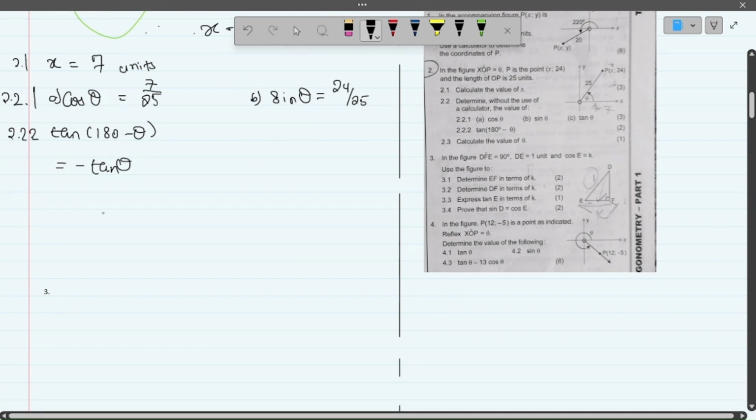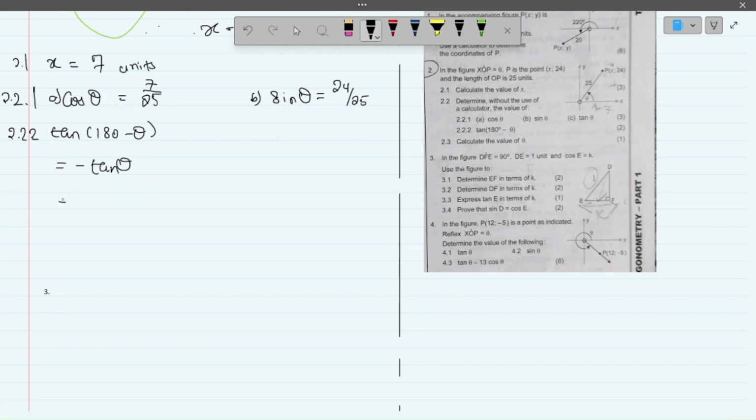So negative tan theta in our representation, tan represents what? Opposite over adjacent. So it's gonna be 24 over 7.